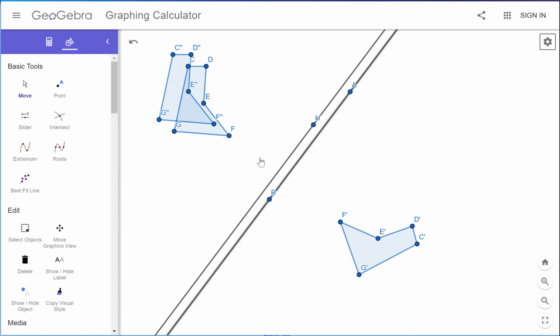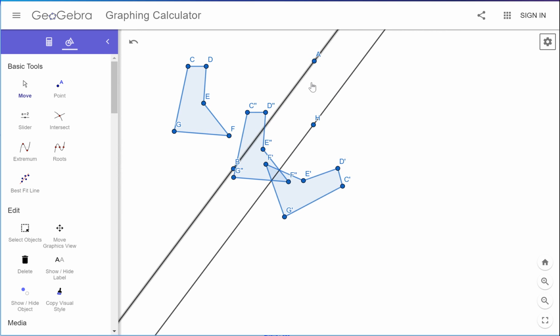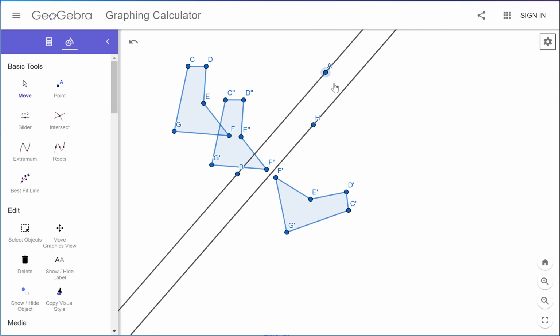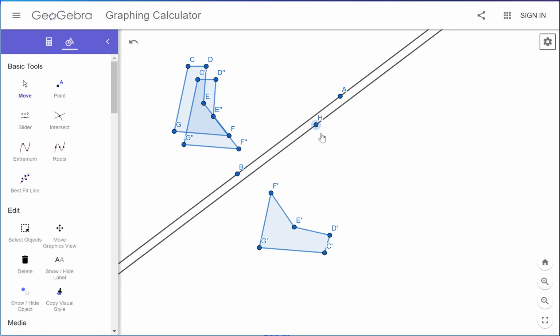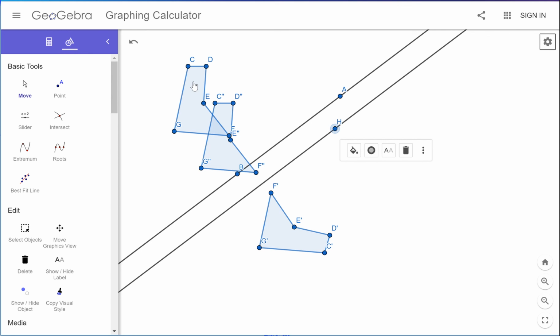So we could move it all over the place. No matter where I put that, or move the lines, or separate my two lines together, the end result, from first object to second image, or pre-image to second image, is a translation.